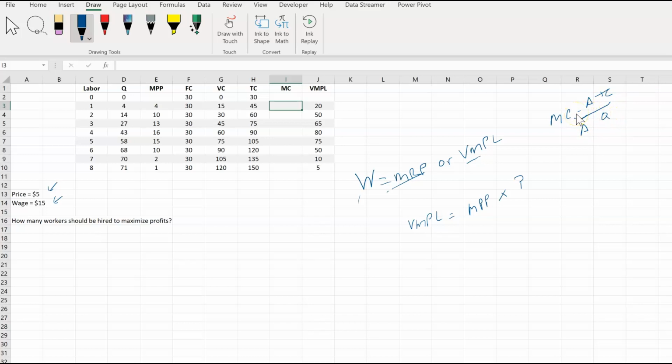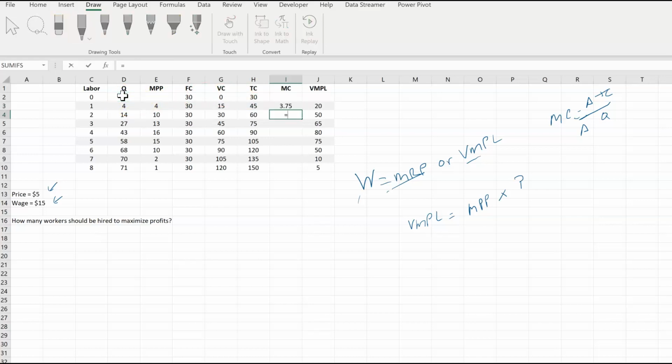So let's figure that out. The first part is going to be the change in total cost, which is this minus this, over the change in output, which is this minus this, close parentheses.